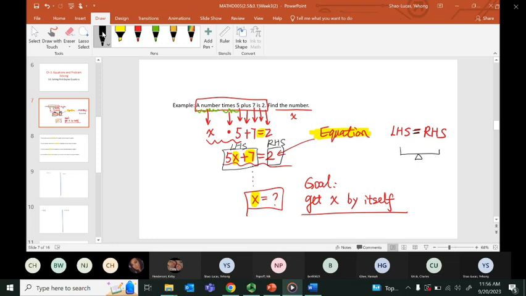So I have a left-hand side and a right-hand side, and they are equal to each other. When both are equal, we can think of them as a balanced scale. In this example, on the left-hand side we have 5x plus 7. On the right-hand side, we have a 2, so 2 pounds maybe. X is an unknown box.